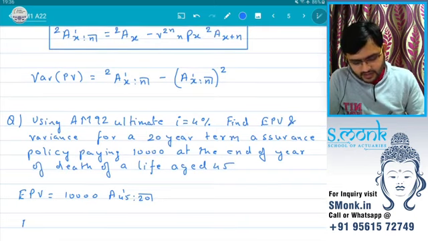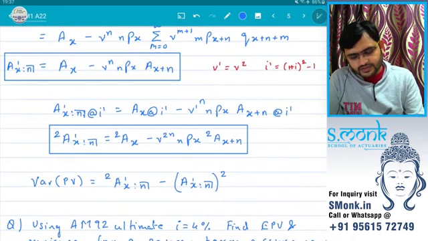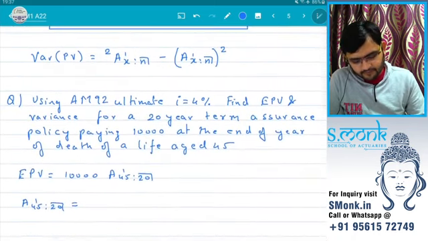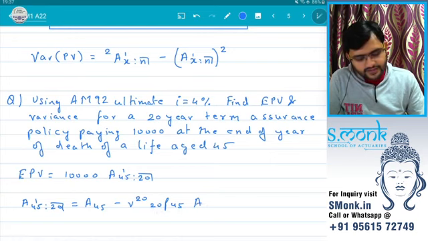A 45 dash 20 will be equal to, according to this, what do we get? A45 minus v raised to 20, 20p45, A, then we will add 45 plus 20 gives us 65.